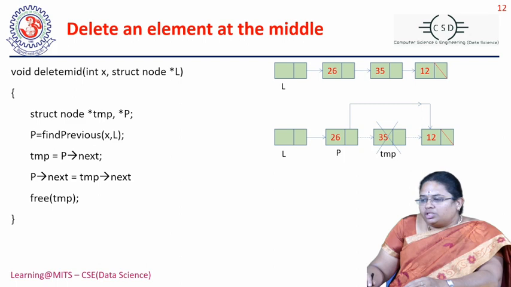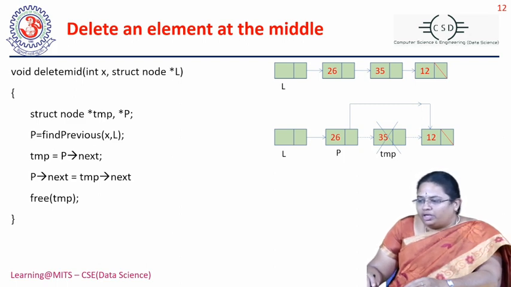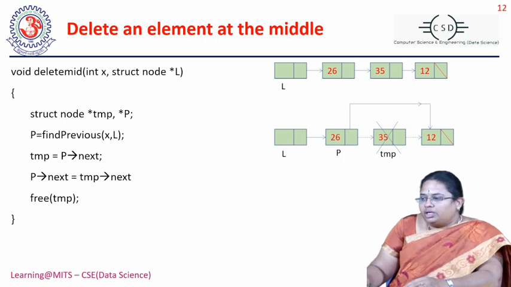So the previous node's address will be returned as P. See here, 35 is the node to be deleted in our example. So if I call find previous, we will see later how to find previous, the address of 26 will be returned as P, right?